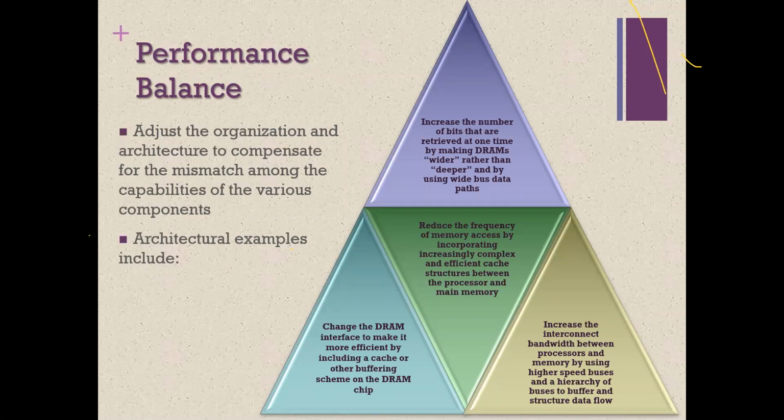So here we look at the increase in the number of bits, for example, that are retrieved at one particular time by making the DRAMs, the dynamic RAMs, wider rather than deeper, by using wide bus paths. So what we're saying here is, just like the typical example I can give you is the street in front of our campus at Tesano.